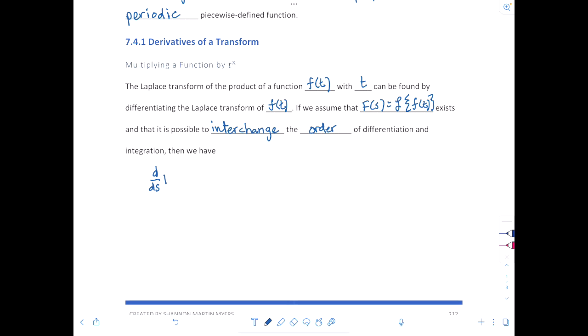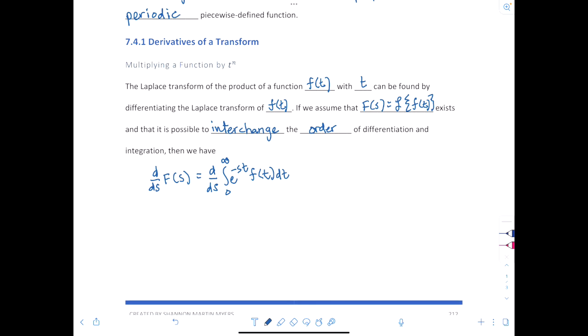d/ds of capital F at s, which is our Laplace transform of f at t, and that's going to equal the derivative with respect to s of the integral from 0 to infinity of e to the negative st times f at t dt, which is the definition, right, for our Laplace transform with the exception of the derivative notation.